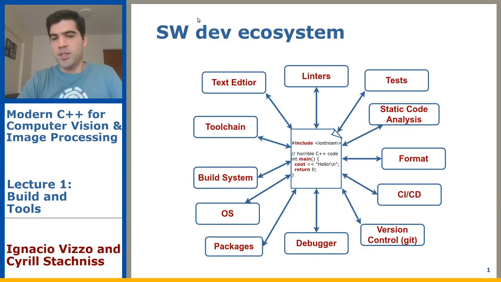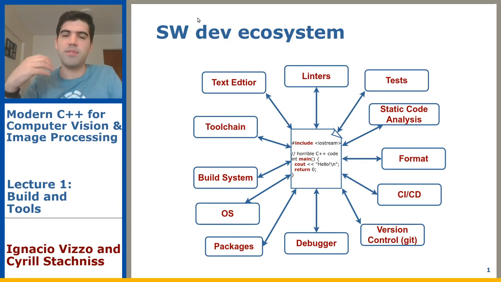Okay, so this is a really brief look at what a software development ecosystem looks like. In the middle we have the source code. Usually when people think about coding in general, they think about this particular thing and only focus on source code. But if you pay attention to the picture, you will see that there are a lot of other tools involved in the development of this software.